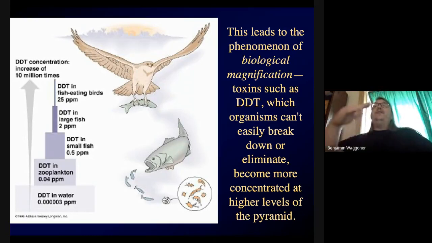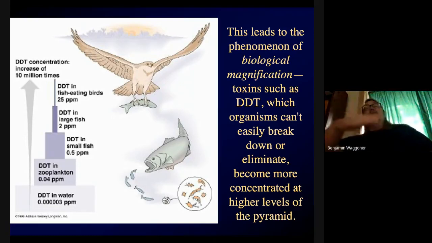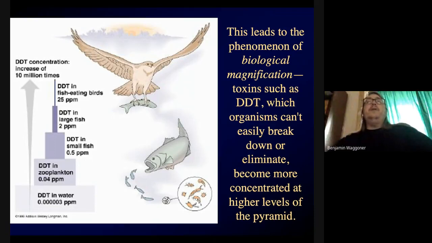And at every step, the concentration of DDT gets greater because every individual on one level has to eat many individuals at the lower level and builds up DDT, because they can't get rid of it and they can't break it down.